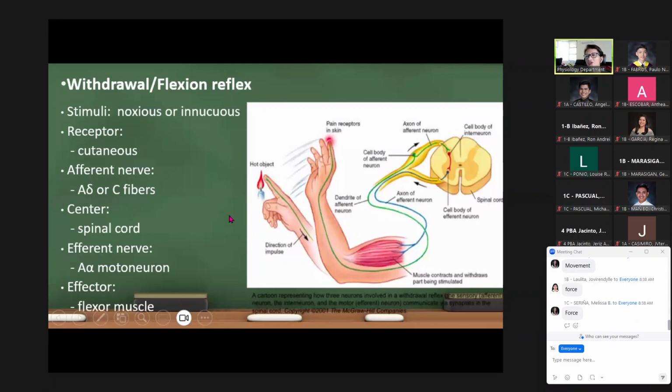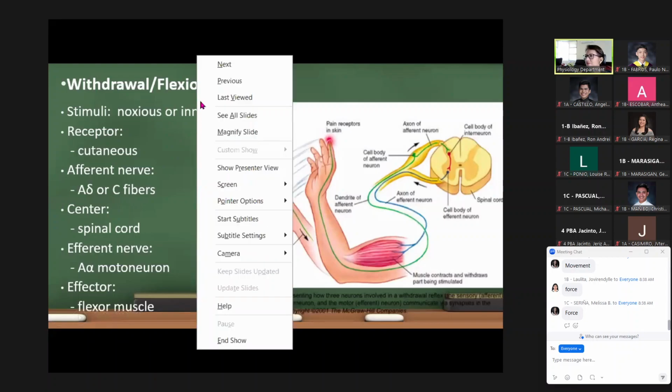So if in my question I ask about, for example, withdrawal reflex, the stimulus will not be the stretch of the muscle. Ang stimulus dito will, of course, be itong pain or noxious stimulus.